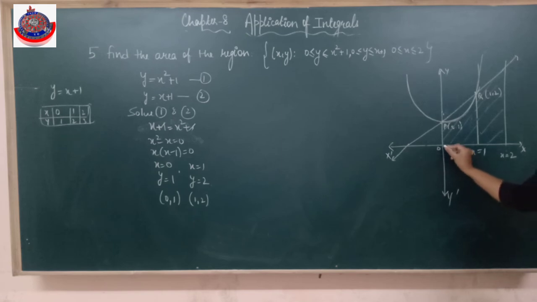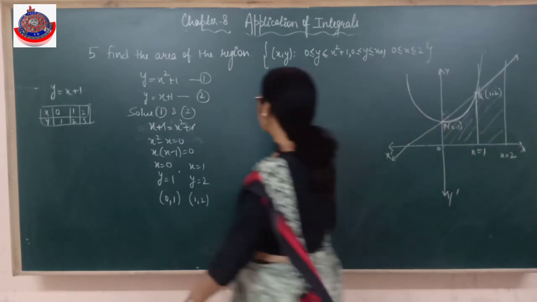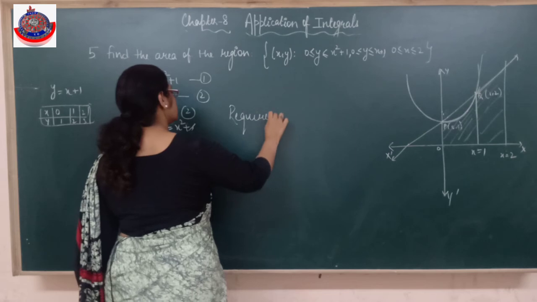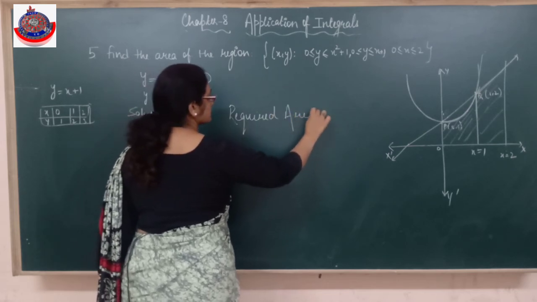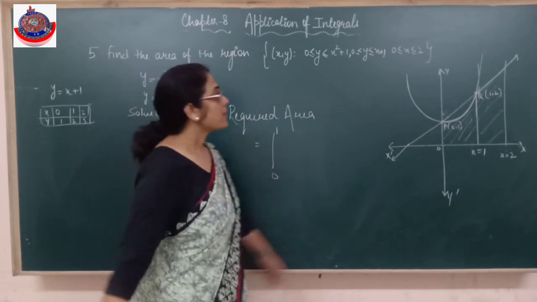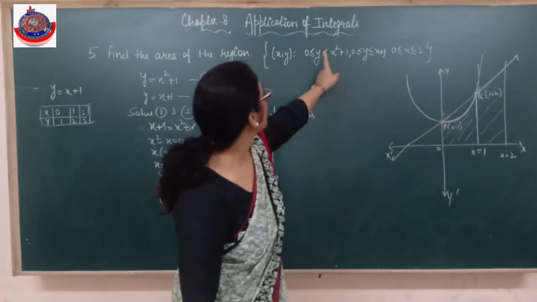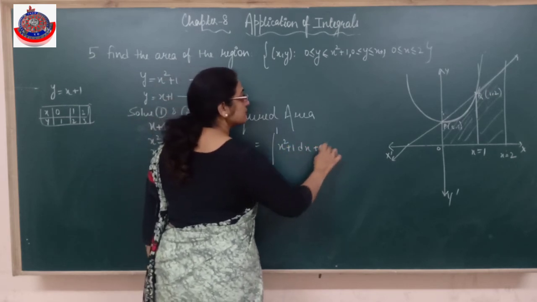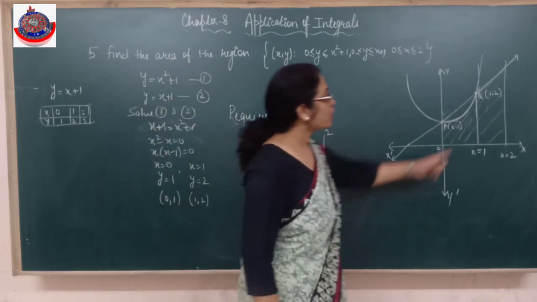Alright. So I need to find out this shaded area. So the shaded area is from 0 to 1. This is one breakup point. If I see 0 to 1, this is the curve which is bounding this area. And then if I see 1 to 2, this is the line which is bounding the area. So it's going to be the required area. Zero to 1 bounded by the parabola, so y of the parabola I need. Y of the parabola is x square plus 1, and 1 to 2, y of the line.